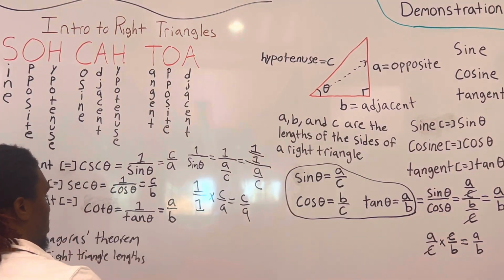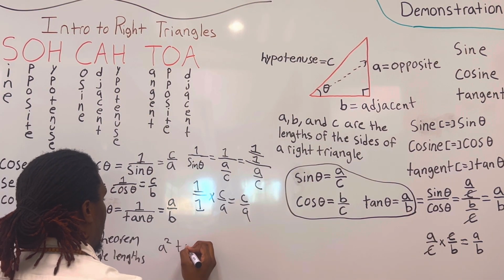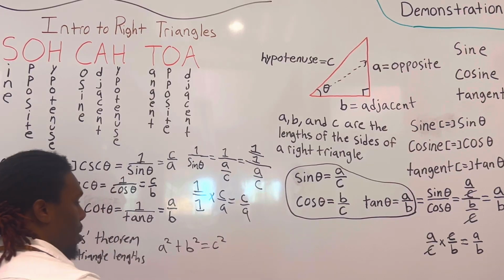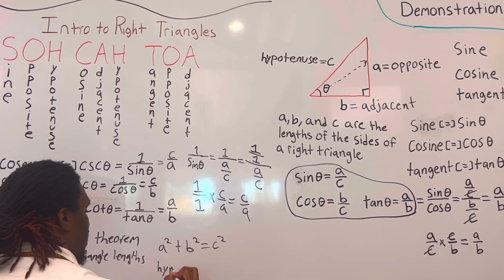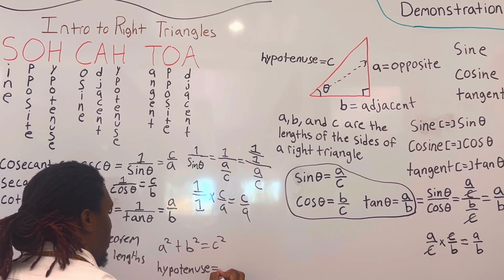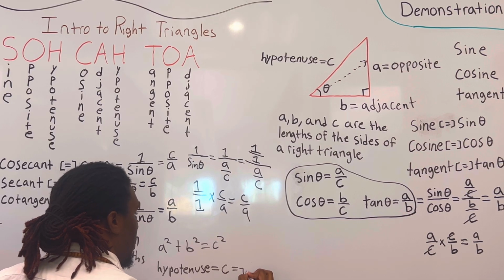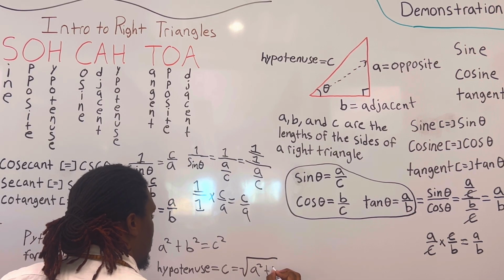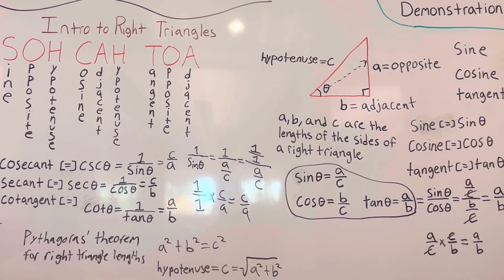So the way they're related is by the simple formula a squared plus b squared is equal to c squared. Opposite squared plus adjacent squared is equal to the hypotenuse squared. And you can solve for the hypotenuse to say that c is equal to the square root of a squared plus b squared. All right?